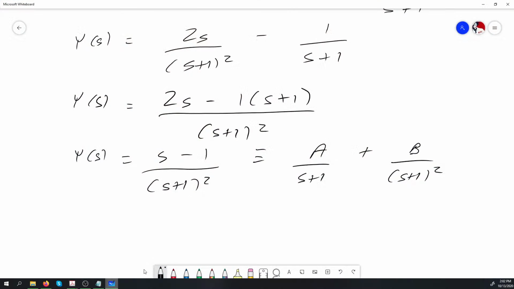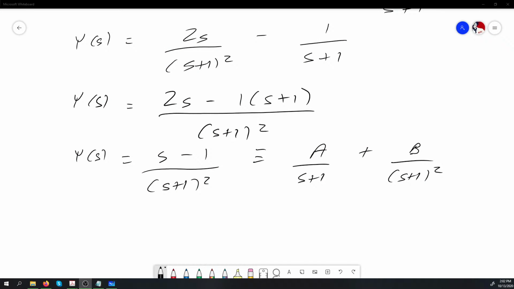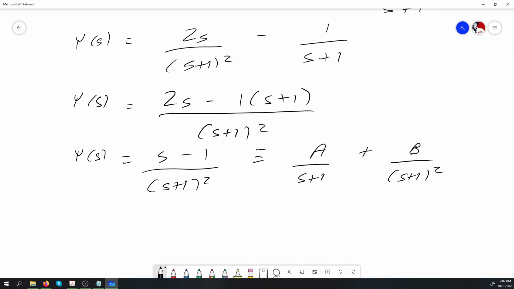So basically y of s here will resolve into 1 over s plus 1 minus 2 over s plus 1 all squared.